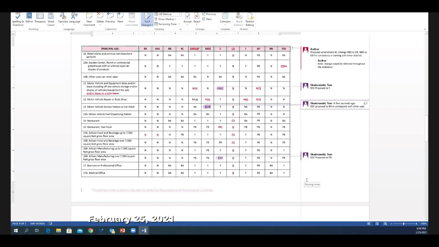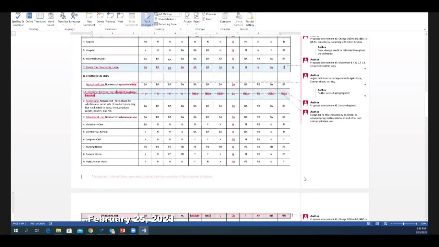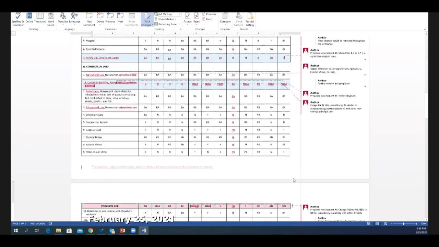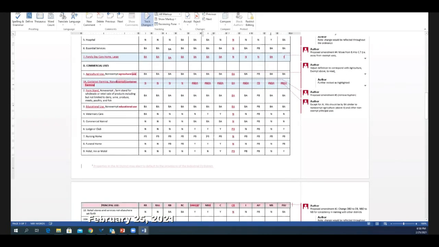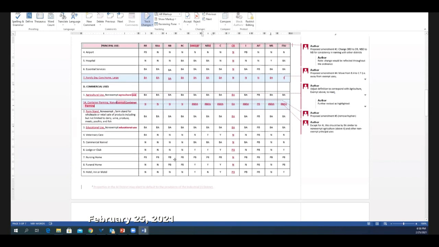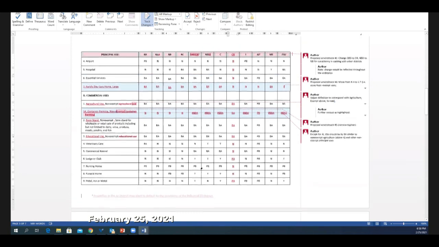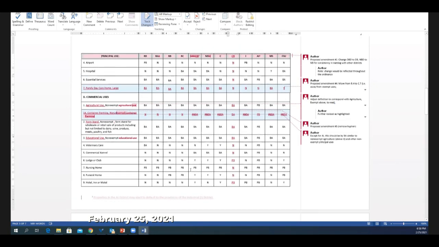I do think before we leave this page too, if we can go back, because there was a change with nursing homes, Ms. Karen pointed out. So presently nursing homes are allowed across the board with planning board approval. One of the recommendations put forward by Councilor Zarella that I have proposed on his behalf is to make it not allowed in the CR section.